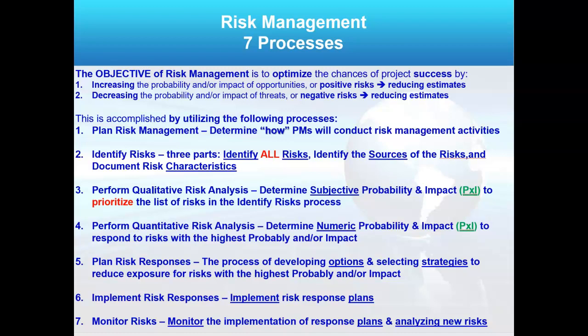They still use the tools, it's true, but at the same time, they've gone away from the process focus, even though they'll talk about the processes and the terms here. So this is just a cleaner format. Remember, the objective of risk management is to optimize the chances of your project success. That's what we've been working for anyhow, and risks should keep you up at night.